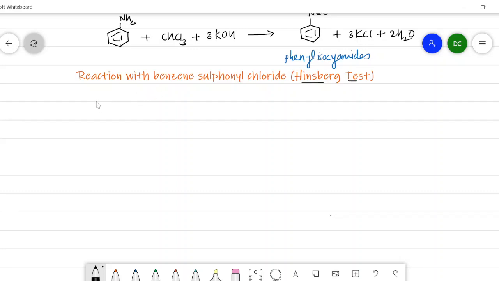Now let's see what happens in case of primary and secondary amine. First of all, I will write a primary amine, that is RNH2. When it is treated with benzene sulfonyl chloride, I will write the structure of benzene sulfonyl chloride. Yes, S double bond O and Cl is there.